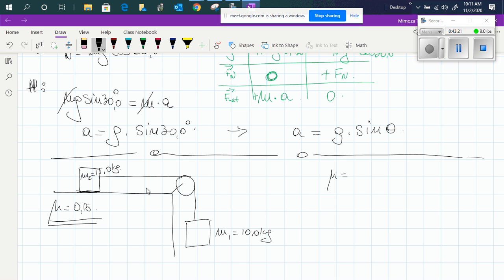So coefficient of friction is always less than 1, or equal or greater than 0. It is in this interval. Even in the questions, if you see something like what is the coefficient of friction, and one of the options is 1 point something, then that option is eliminated right away. So it doesn't exist.